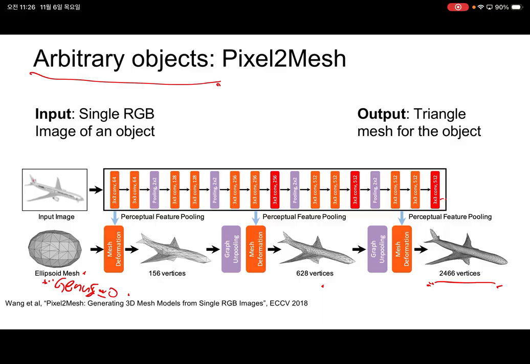Then we can estimate an offset for each vertex, then we can change the position of this vertex to this position, to this position. So we always have a fixed number of vertices, so the network just simply estimates a translation offset for each vertex. In this way, we can add such offsets to this ellipsoid mesh so that we can get a deformed mesh.